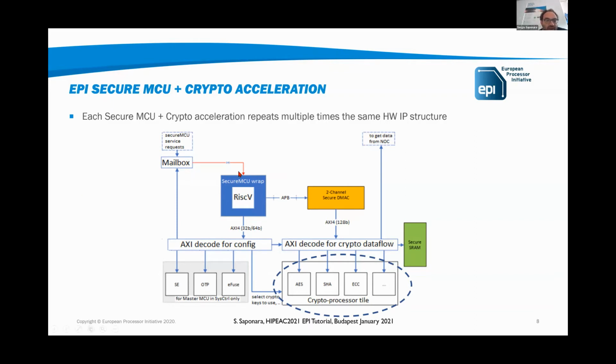So you have this programmable part, some memories kept in a secure zone, and the accelerator, which you can see as an array of AXI slaves. We will see their main characteristics: they are based on different types of symmetric cryptography, asymmetric public key cryptography, and hashing. Then there is also a random number generator.